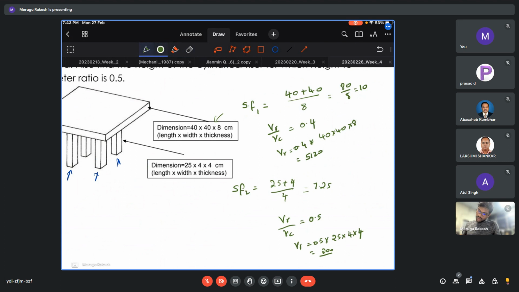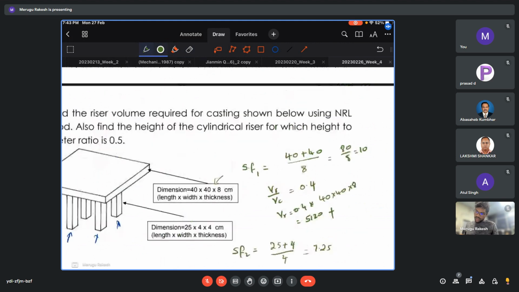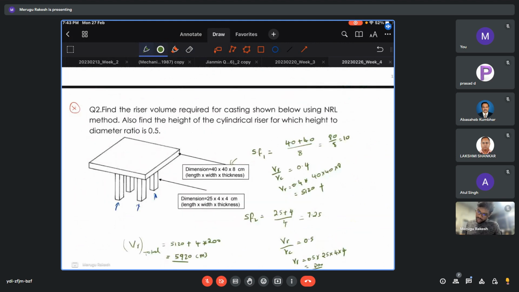So now the volume of the riser is 5120 plus, we have 4 appendages, so 4 times 200, so total is 5920 centimeter cube.